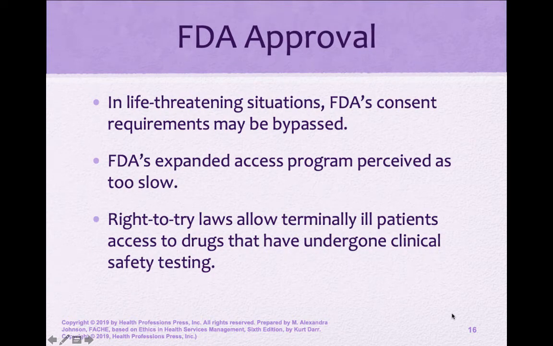Typically, you're going to have to follow very specific criteria if it's an FDA study, Food and Drug Administration study. But the FDA process for clinical trials is very long, and there are some situations where those consent requirements and whatnot can be bypassed.